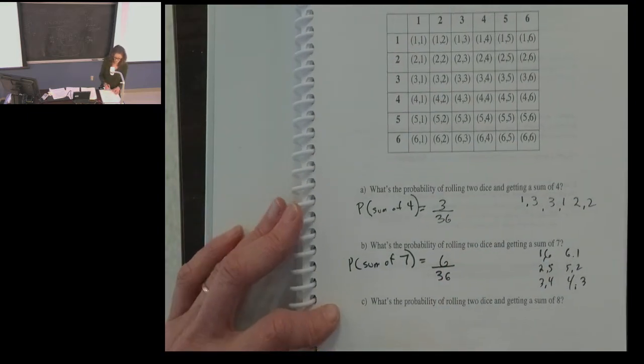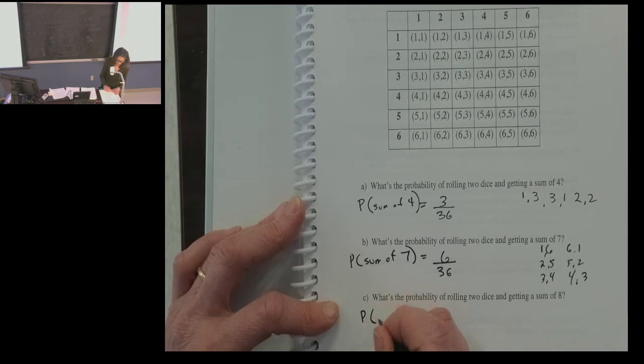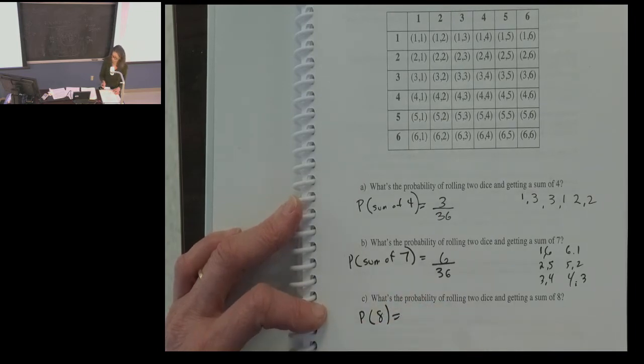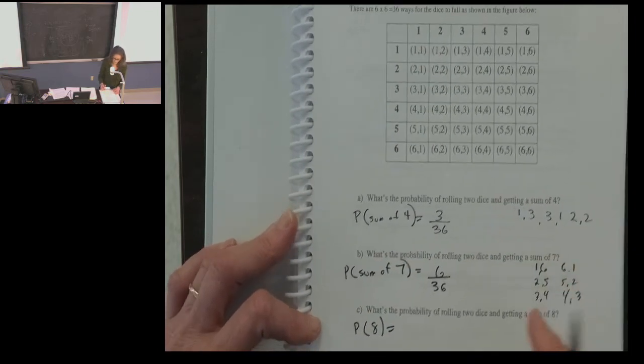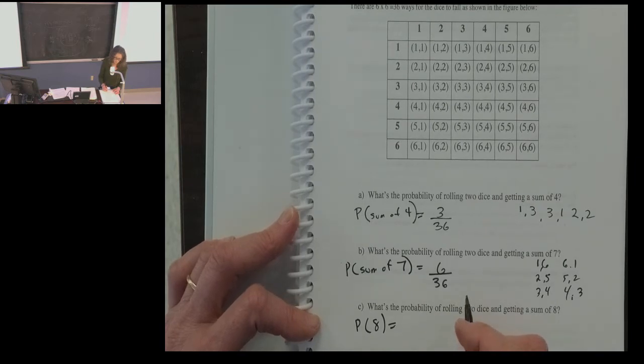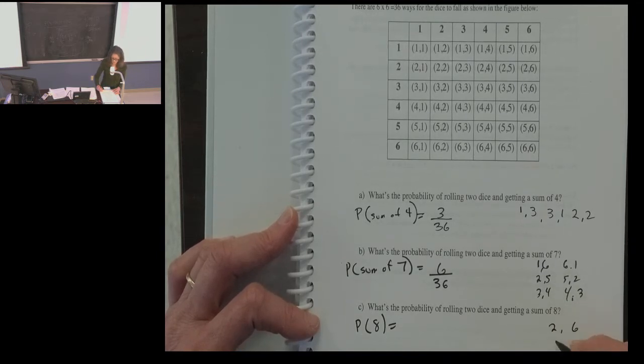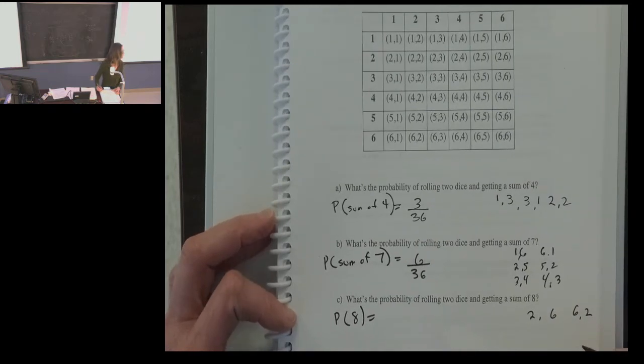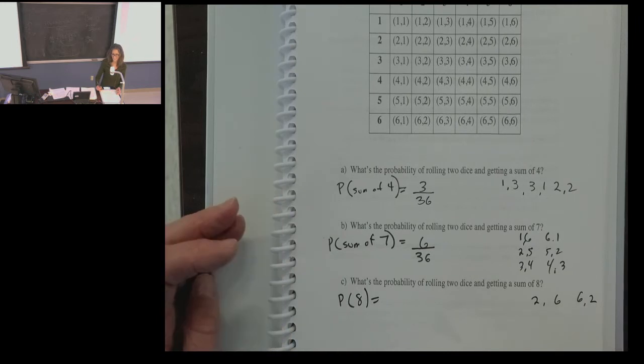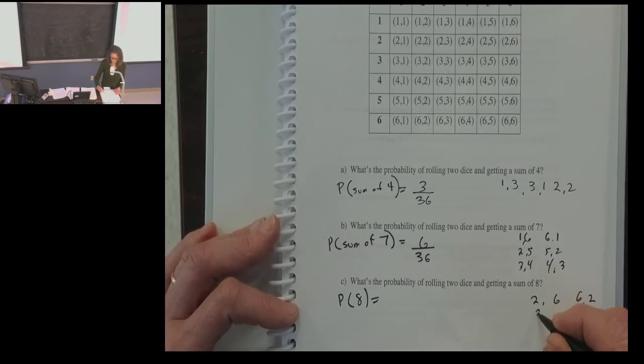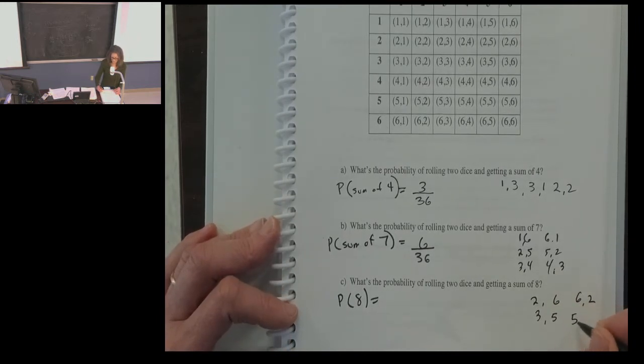And how about 8? What's the probability of an 8? You can count them all up. How many ways are there to get 8? A 2 and a 6 is 8. A 6 and a 2. How about a 1 and a 7? Does that work? How about a 3 and a 5 and a 5 and a 3?